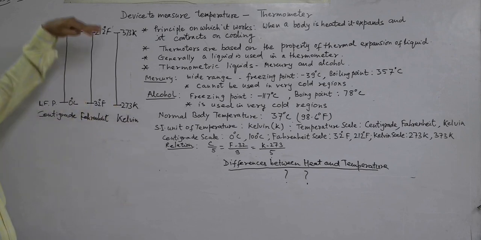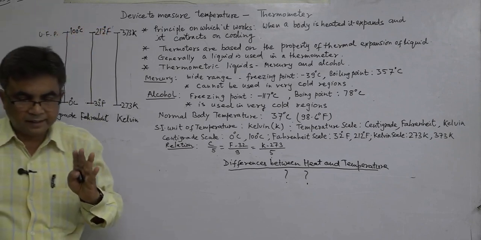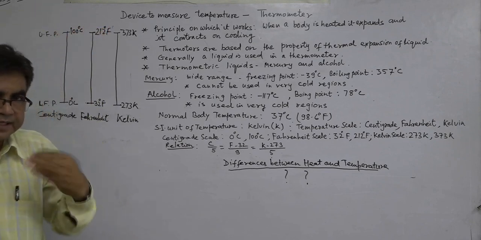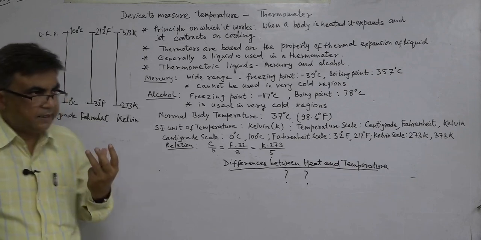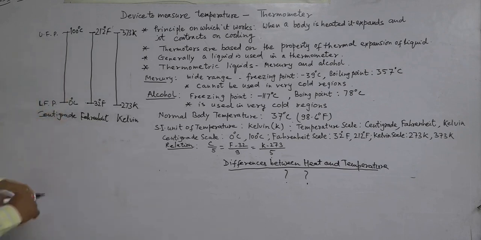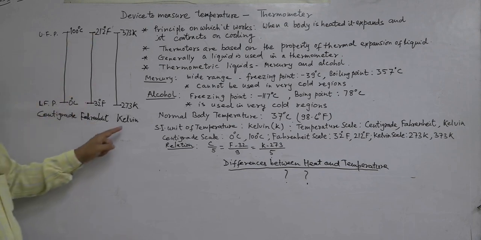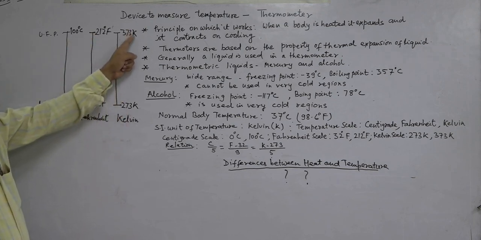The upper fixed point is the temperature at which water starts boiling: 100 degree centigrade, 212 degree Fahrenheit, and 373 Kelvin.